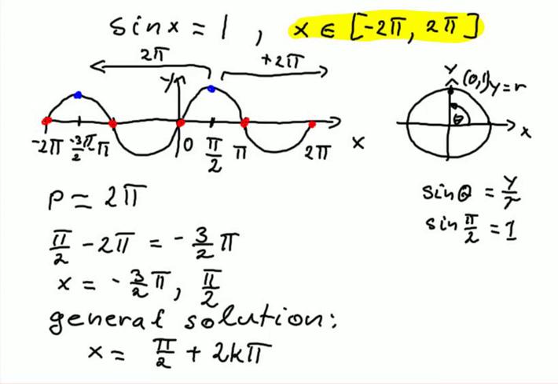And this will take care of any root where sine x will be 1. k is an element of I, any integer. So this will sort of give you the basic idea. What is the solution to the equation on the given interval? And later, how do you define the general solution?